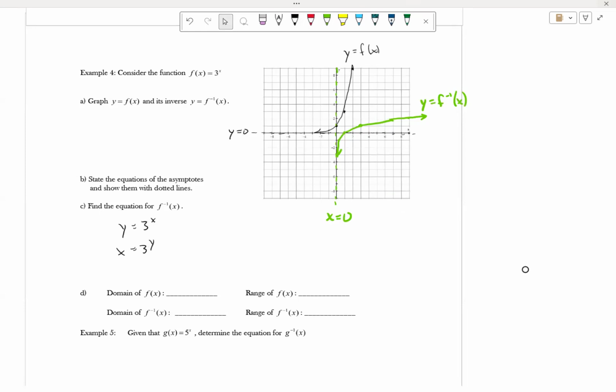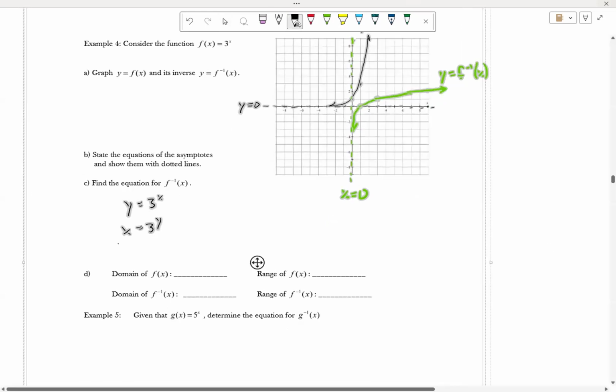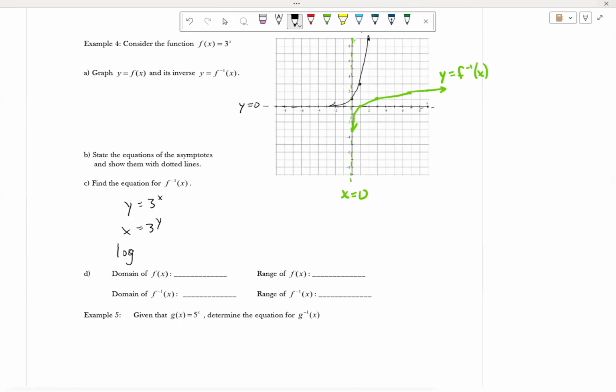Let's start with log. Okay. Every log has a base. You know what the base is going to be for this one? Good. Log base 3 of, good, equals, thank you.